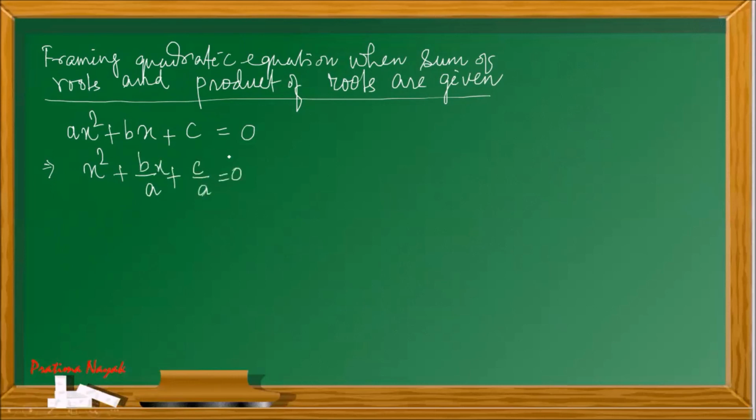Now I am making a link between these coefficients and the sum and product. Sum of the roots is minus b by a, and the product of the roots is c by a.